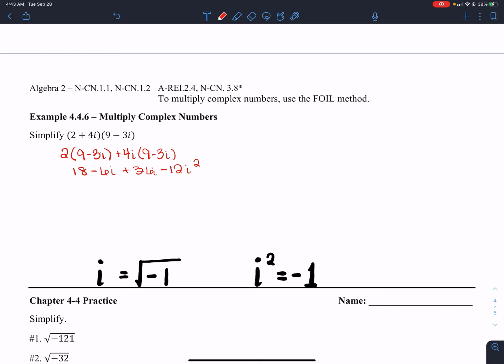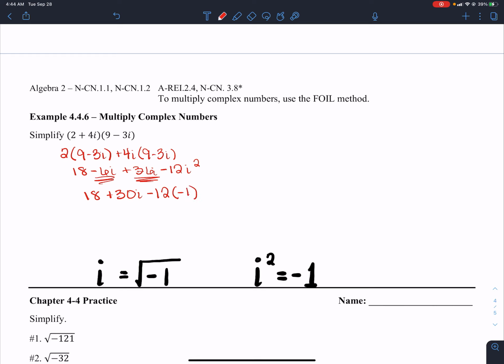Combine like terms, so I've got 18, negative 6i plus 36i gives us positive 30i, and then negative 12 i squared. i squared is negative 1.